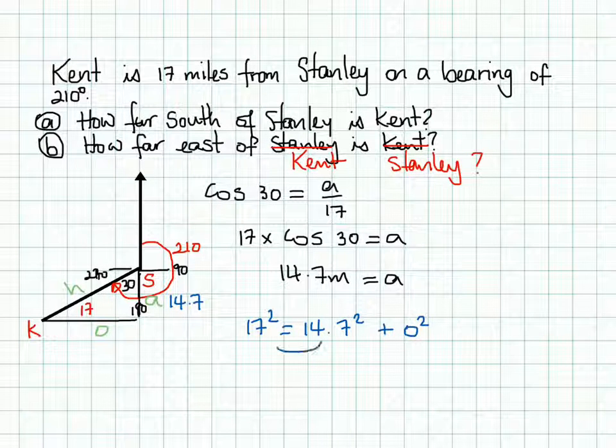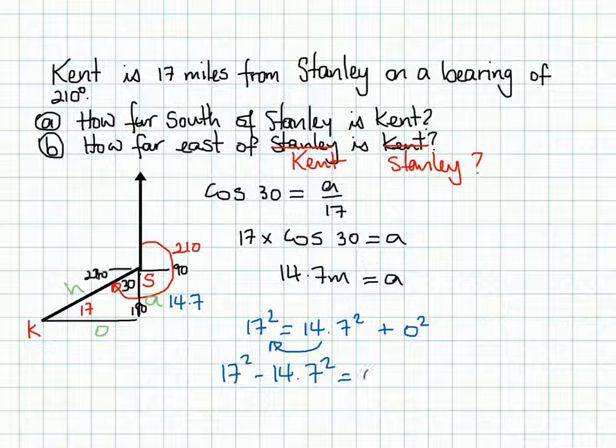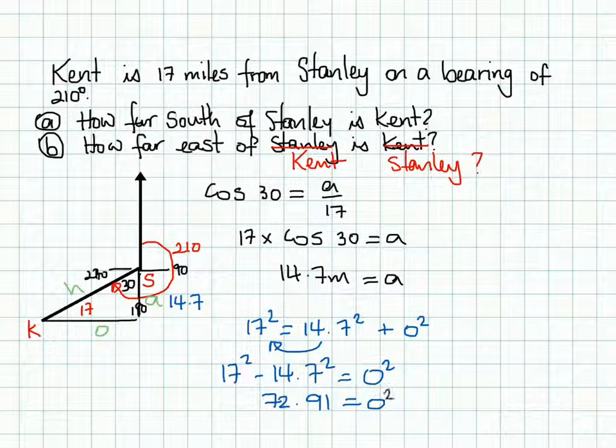Do a quick bit of rearranging to get this on that side, and I'm going to get 17 squared minus 14.7 squared is equal to O squared. Right, quick bit of calculation gives us 72.91 is equal to O squared, and by now you guys should be absolute experts at this.